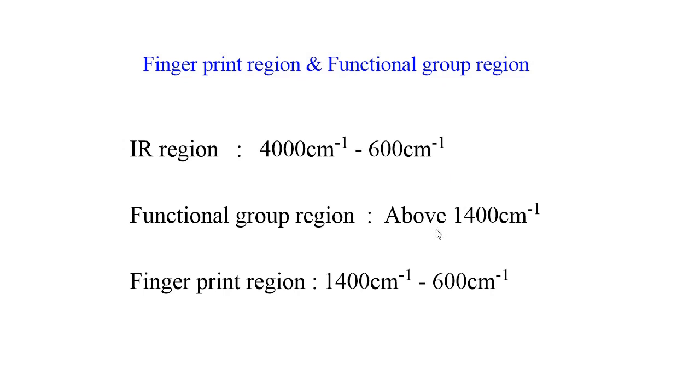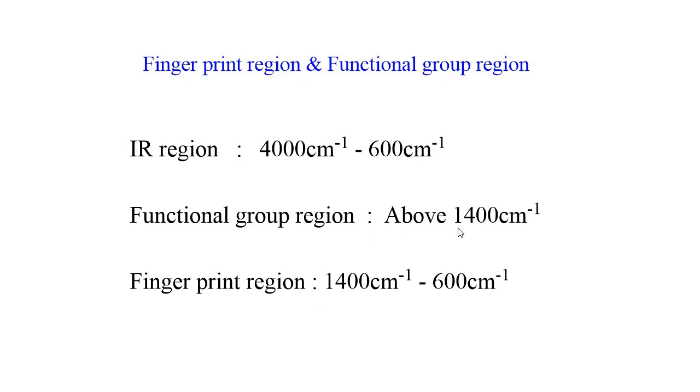Among this region, functional groups absorb above 1400 centimeter inverse. The region below 1400 centimeter inverse, that is up to 600 centimeter inverse, is usually referred to as the fingerprint region.